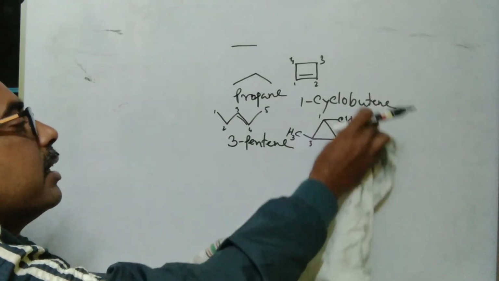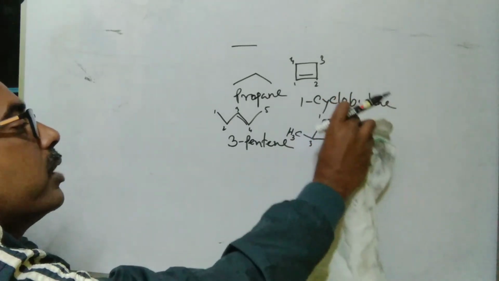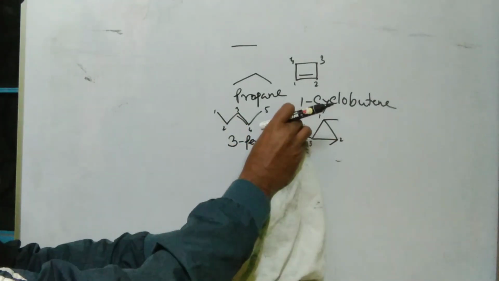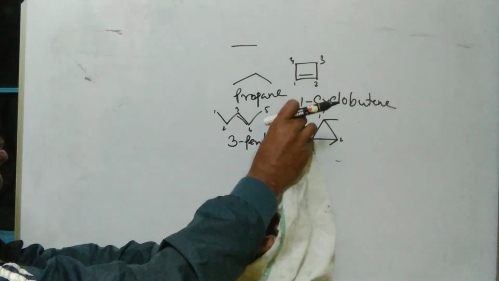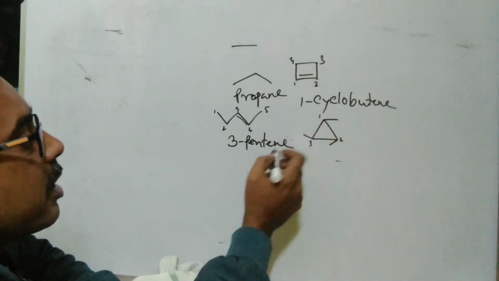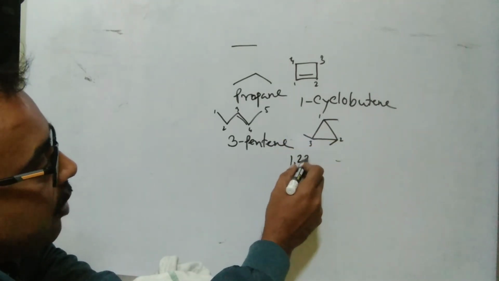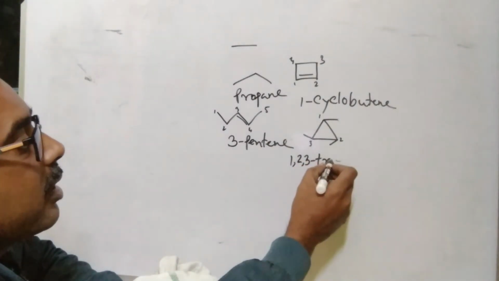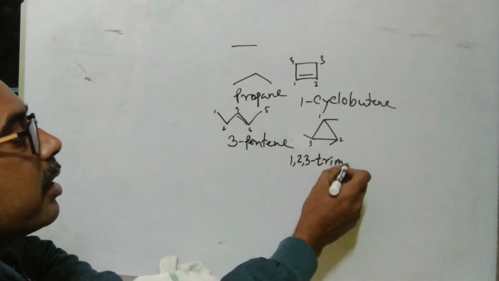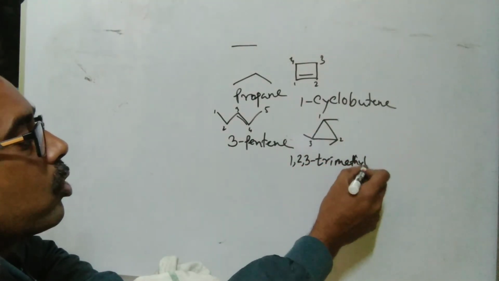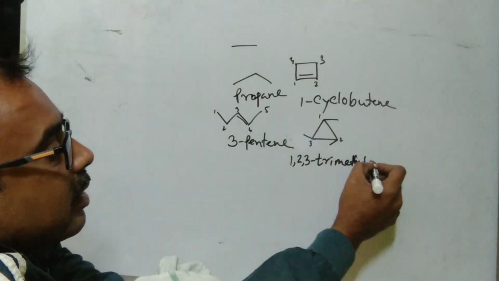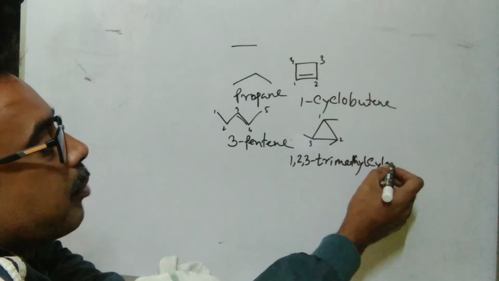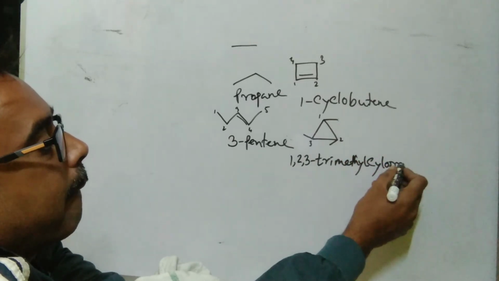So if this molecule is given to you and you are asked for the IUPAC name, you must say 1, 2, 3, then hyphen, then tri, since three methyl groups are there, trimethyl, then cyclopropane. Trimethylcyclopropane, and you must observe that there is no gap here.